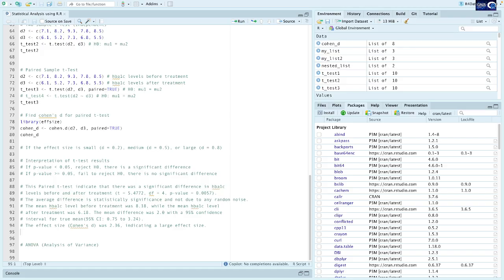So I'm creating gender, and whether they are smoking, the category I'm putting.